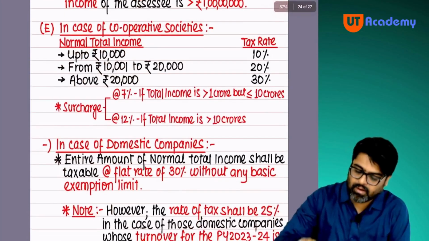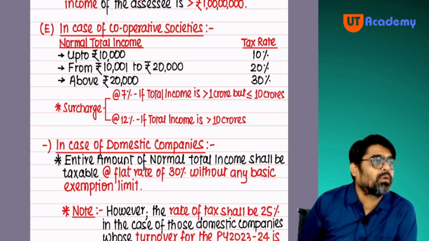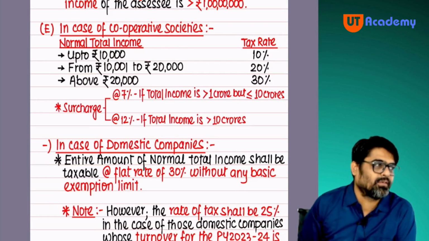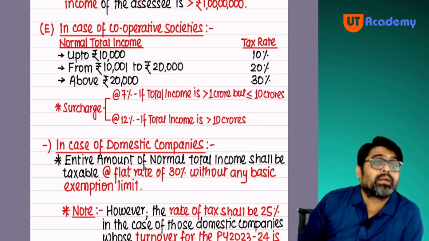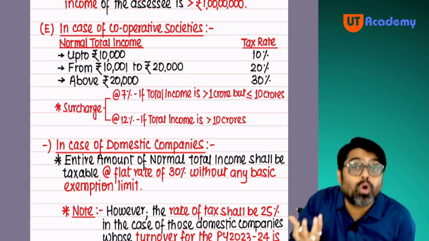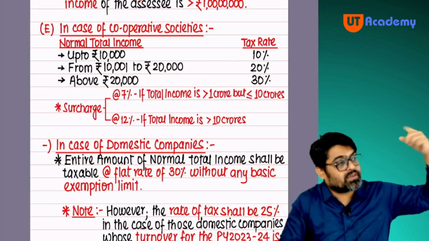Now we are talking about cooperative societies. By the way, cooperative societies are AOPs, but these type of AOPs who are cooperative societies are kept separately. All other AOPs are covered above.